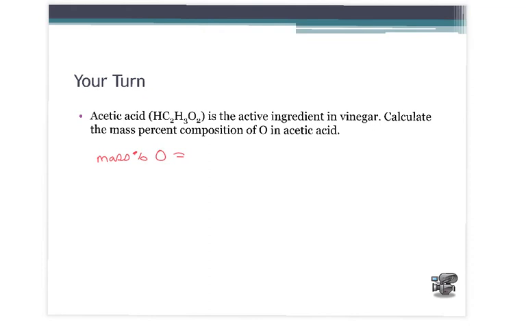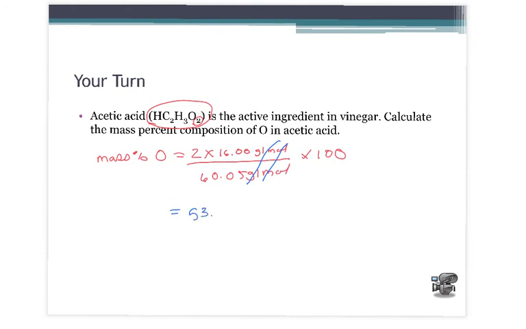We have 2 oxygens with 16.00 grams per mole, the molar mass of each oxygen, divided by the molar mass of the whole thing, which is acetic acid, and that is 60.05 grams per mole. Then we multiply this whole thing by 100 to get a percent. Of course, these units cancel out, and we end up with 53.29% oxygen in acetic acid.